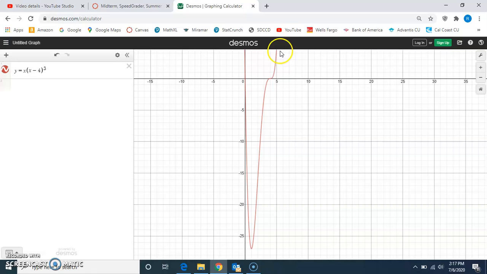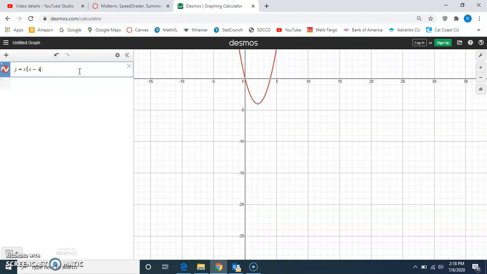And then it increases again. So it's not increasing at 4 itself. It pauses there, has a horizontal asymptote, but then it picks it up again. We found that there was a local min at 1, negative 27, way down there. And yes, that is true. And there's no local max.